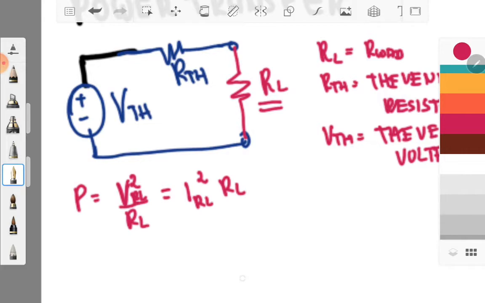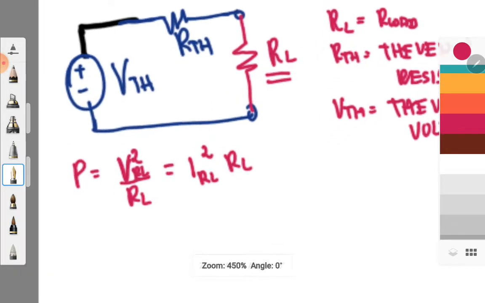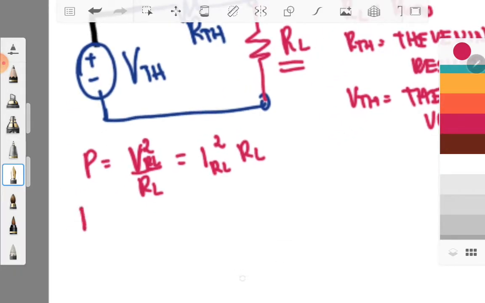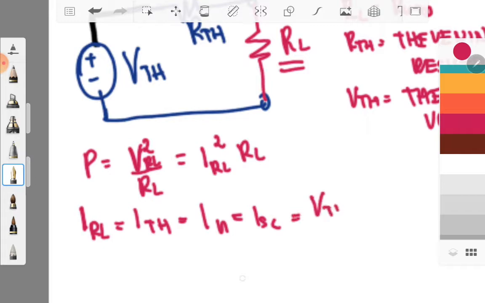Take note that your IRL is equal to ITH, which is also equal to our short circuit current or your Norton current, which is just equal to VTH divided by RTH plus RL.